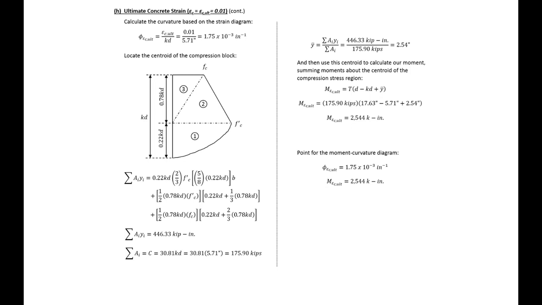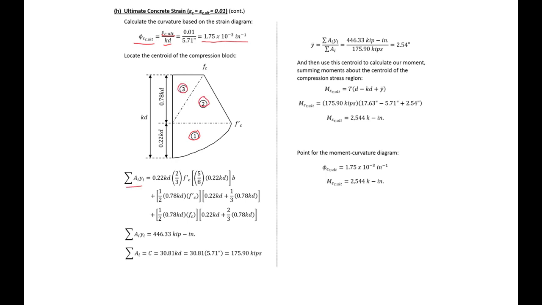We can use this KD to calculate our curvature at ultimate. So we know our strain at our top, and we'll just divide by KD. And assuming small angles, we'll get a curvature of 1.75 times 10 to the negative third radians per inch. We can then locate the centroid of our compression region, which we need to do to calculate our moment. We'll break it again into three different components.